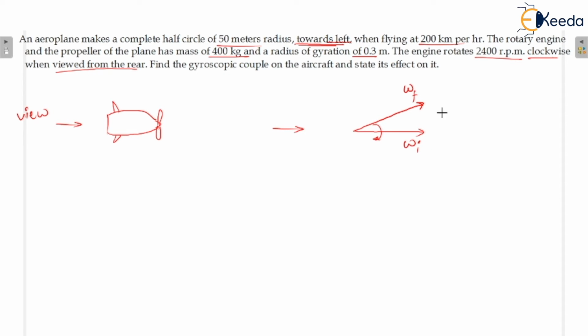That means the active gyroscopic couple will work in that direction. This would be the active gyroscopic couple direction. Yes or no? And the reactive gyroscopic couple would be in that direction. Reactive gyroscopic couple. Okay. So when you apply the right hand thumb rule, you can see that the reactive gyroscopic couple is in this direction.